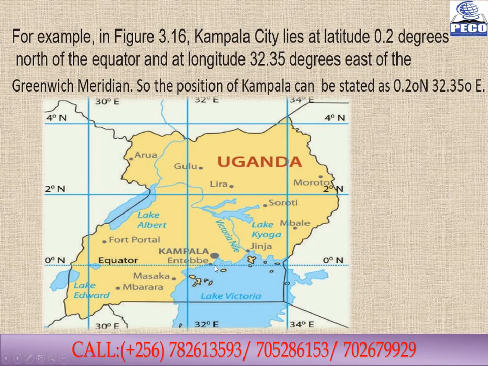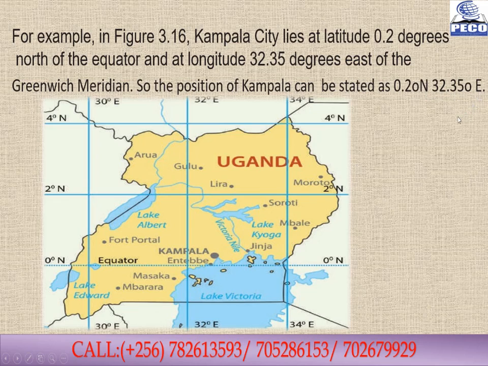So we've moved 2 steps from the equator to Kampala, north of the equator, because it is in the northern part. And for the longitude, we have 32. Then we are moving 3.5 steps from longitude 32.